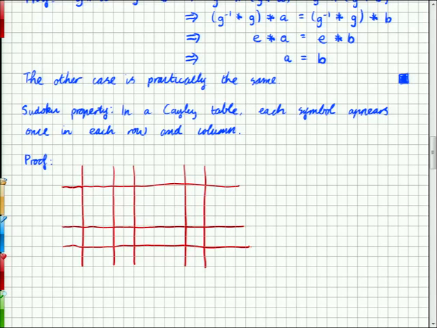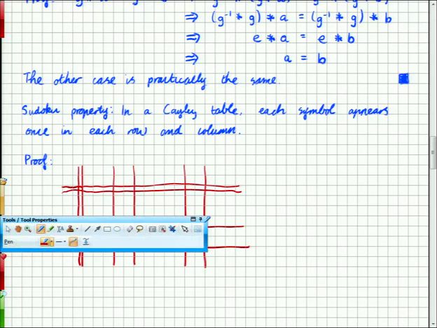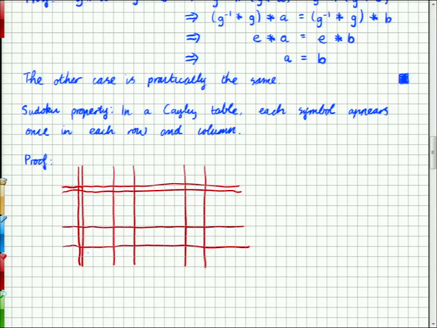So this is supposed to be a Cayley table. All right. And I'm supposing that somewhere in my Cayley table, you see the same thing twice in a row. I'm going to tell you this can't happen. I'm going to tell you why.